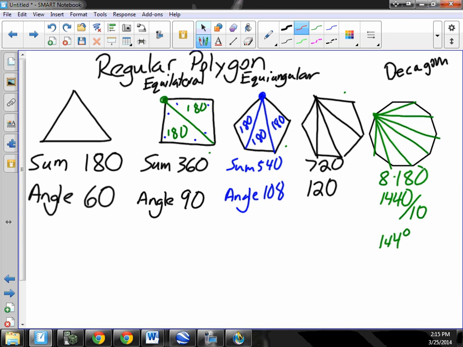If you take a particular side and extend it, then it creates what is called an exterior angle. If you do that with all of the sides, then you get exterior angles that are all the same size. So we could do that here, here, here, and here.